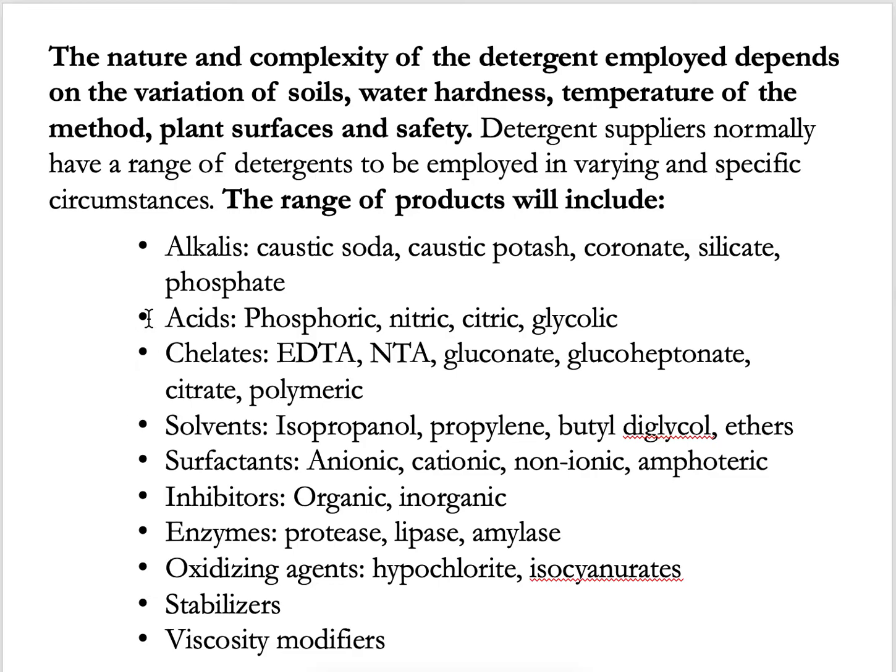And detergents can be of different types, like alkalis type: caustic soda, caustic potash; acids type: phosphoric acid, nitric acid; chelates, I mean EDTA, NTA, gluconate. These chemicals do the chelation effect.